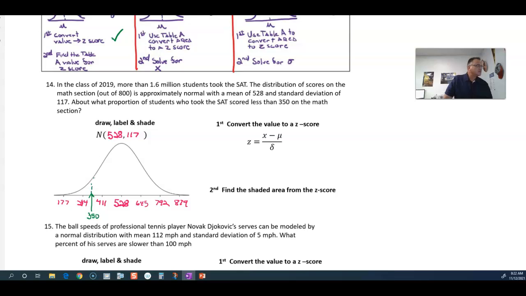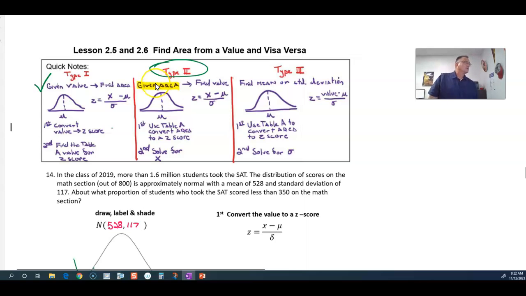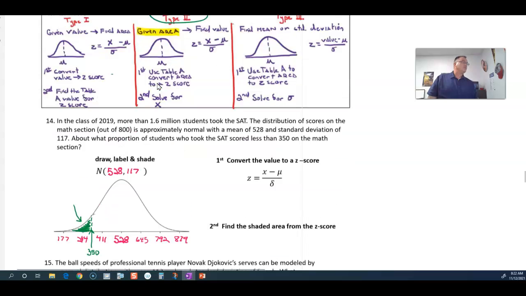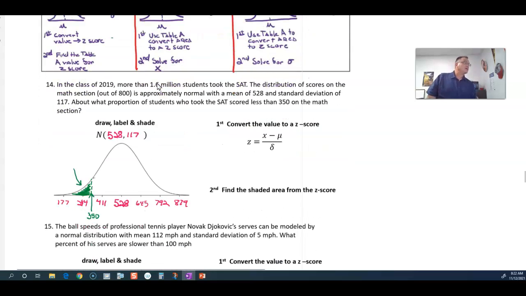And what it's asking me for is what's the area, what's the shaded part? So this is what we called a type 1 problem, where you were given a value, you scored 350, and you want to find the area. Finding the area is the same as finding the proportion.